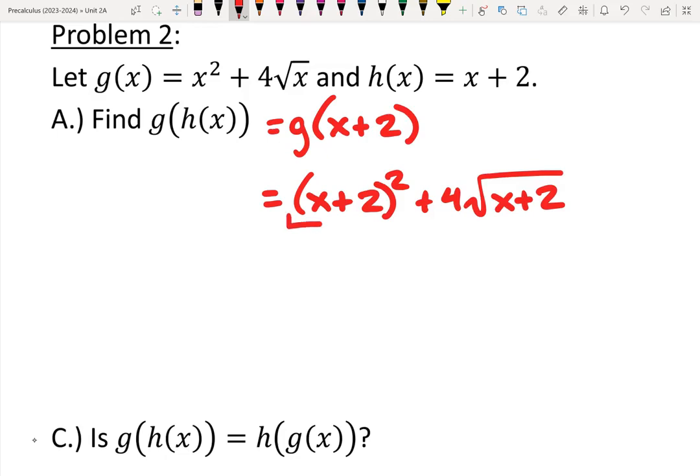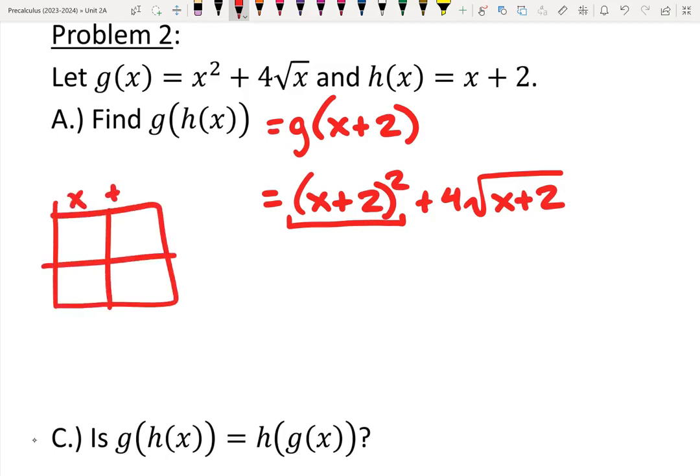Now we can simplify by multiplying our x plus 2 squared. Now I saw a lot of people try to write that as x squared plus 4. That is not x squared plus 4. You have to use your box and multiply through if that's what you're going to be doing.